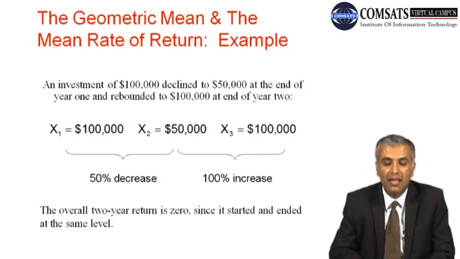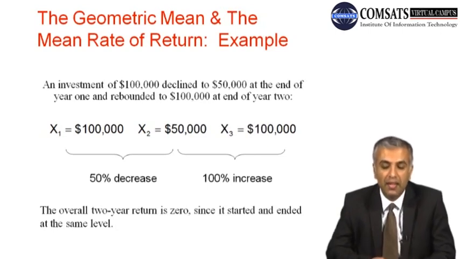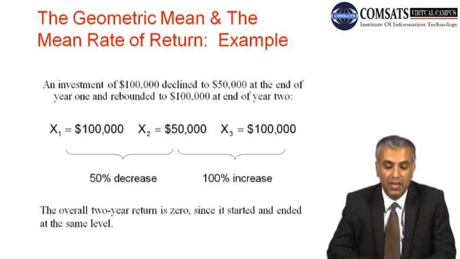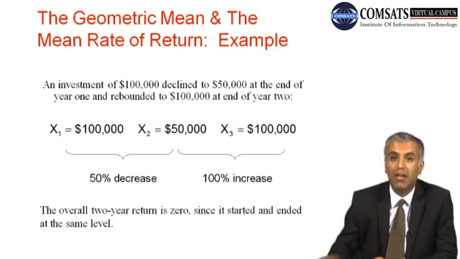So let's say during the first year there was a 50% decrease, and then in the second year there was again a 100% increase. But overall the rate of return can be seen as nil because it came back to the same level.